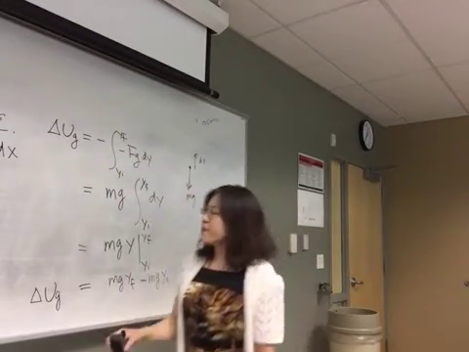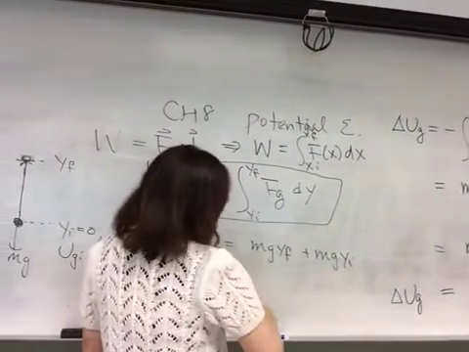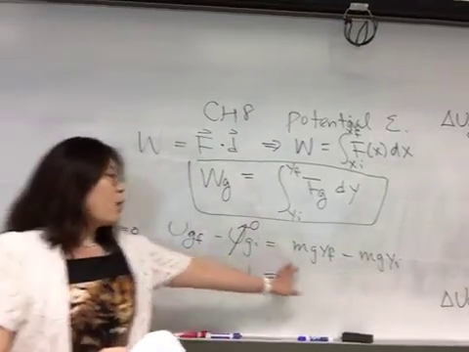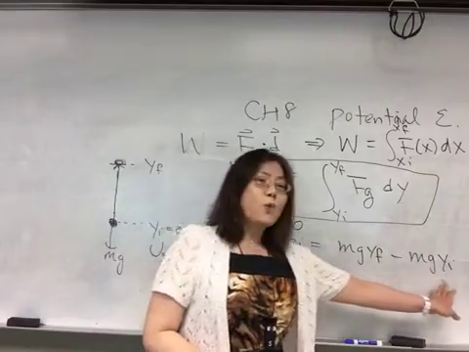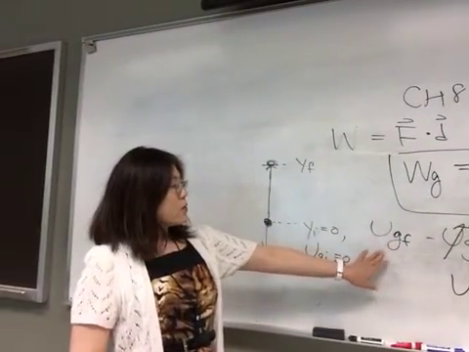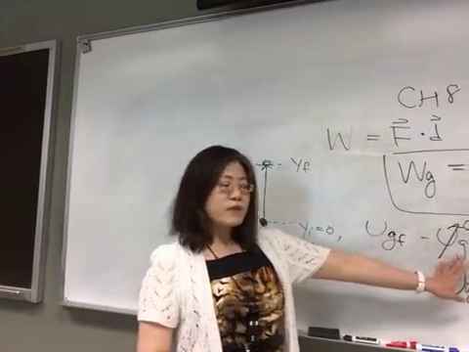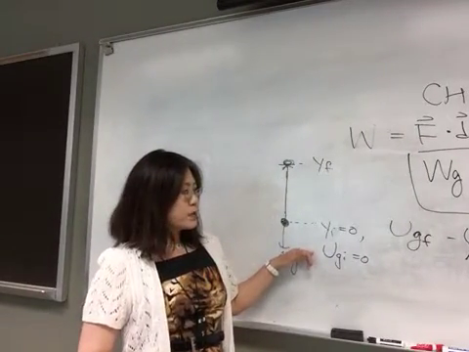So once you have this, this is positive and this is negative. All right, so on the right-hand side, you have mgyf minus mgyi. On the left-hand side, you have the final gravitational potential energy minus the initial gravitational potential energy. And we define the initial gravitational potential energy to be 0.